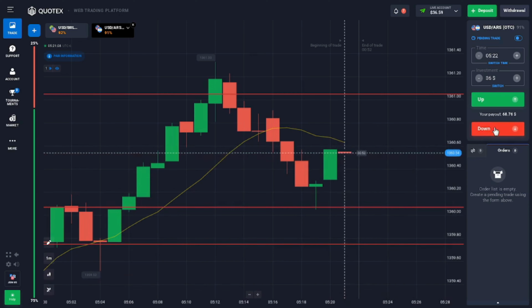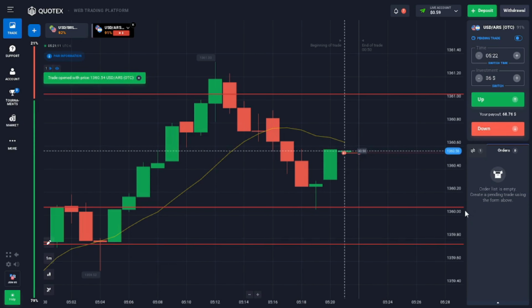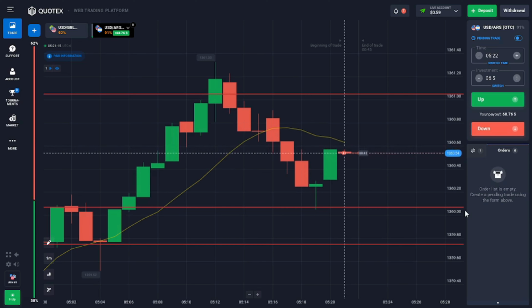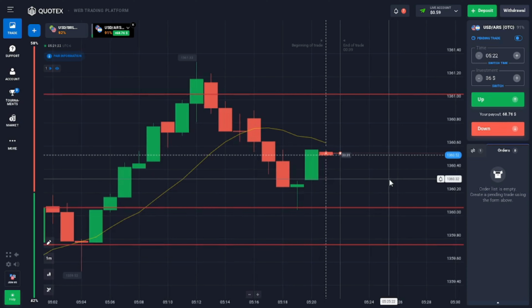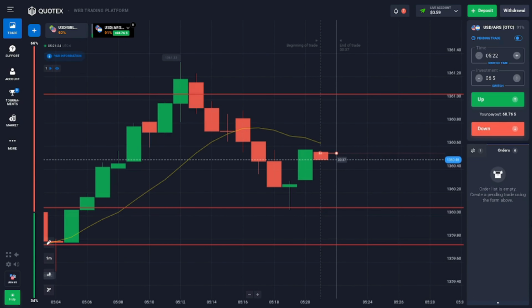And here I have placed a trade in the down direction. The reason for the trade is simple: the buyers have taken an entry, and a green candle has been formed with a gap up which has no wick.